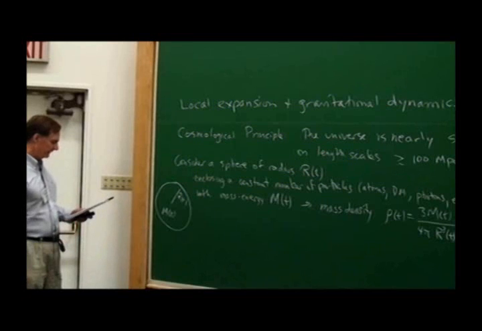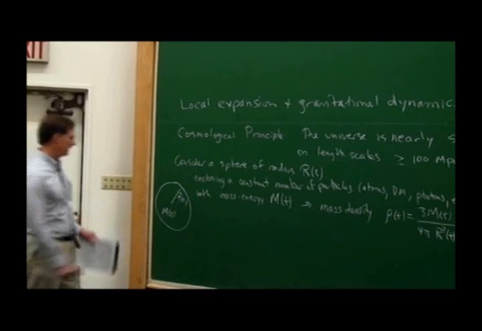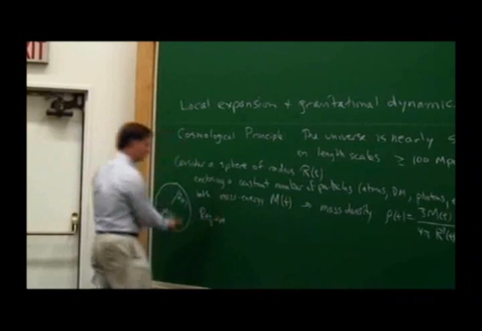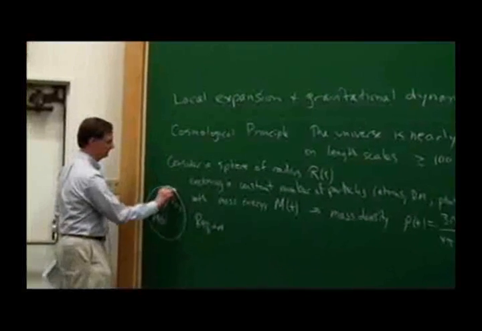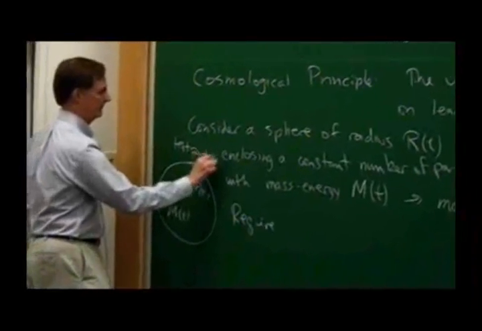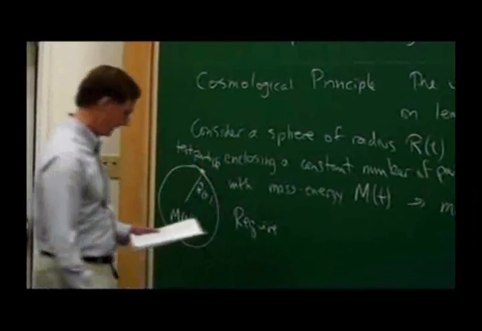So now that's the mass density, and now we can require local energy conservation for a test particle whose distance is r of t.